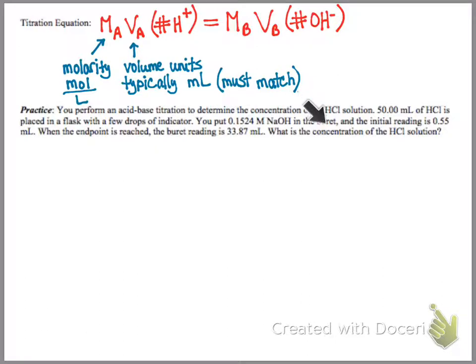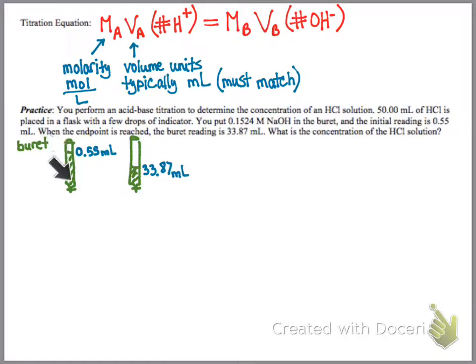We add it using what's called a burette, which is a glass tube that measures the volume that you add, and we'll talk a little bit about that in a video. The initial reading is 0.55 milliliters. So we fill up the burette with the solution that you're adding. In this case, it's going to be filled with sodium hydroxide.